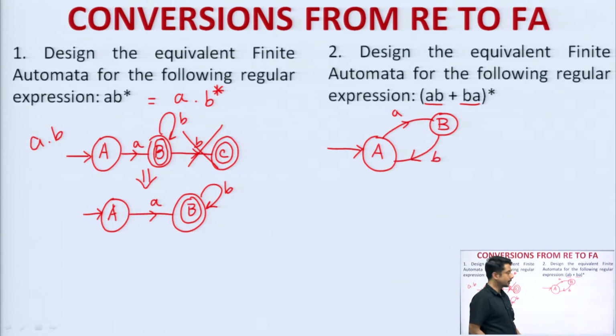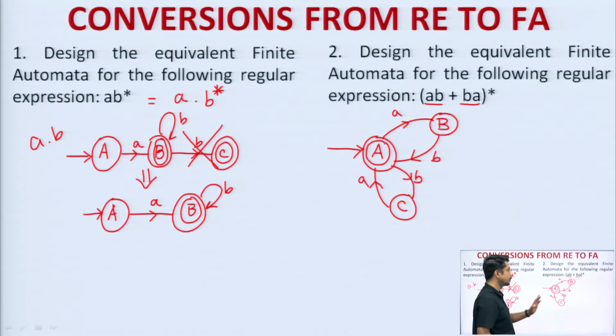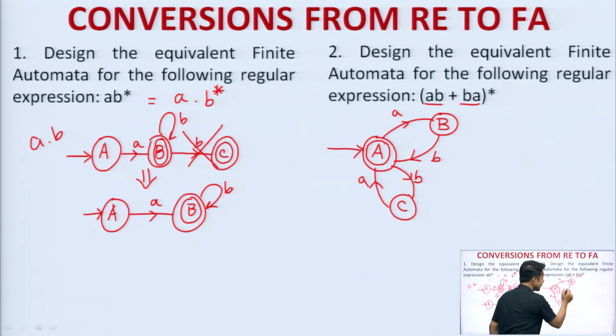Now, this means what? A B whole to the power asterisk, clear. Similarly, I can take this A as the final state and I can take one more state as C and I can do a transition for B A. Now, let me tell you that both these, this is nothing but what?